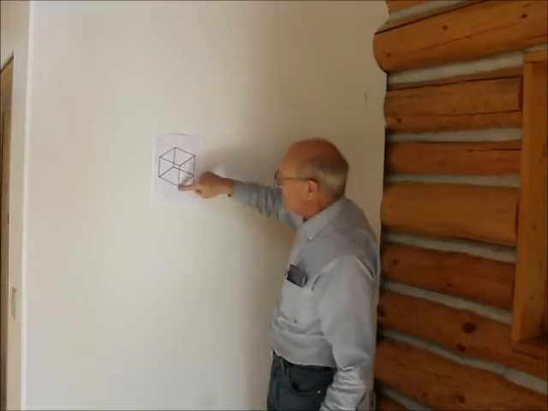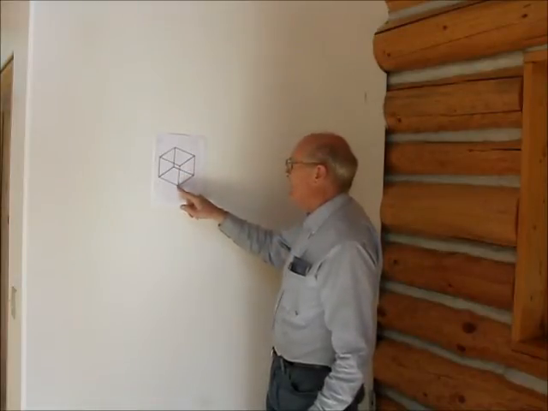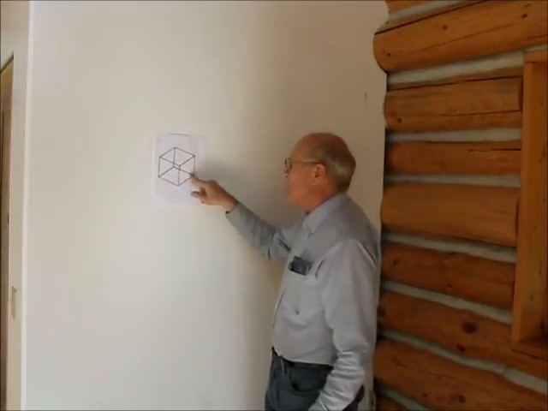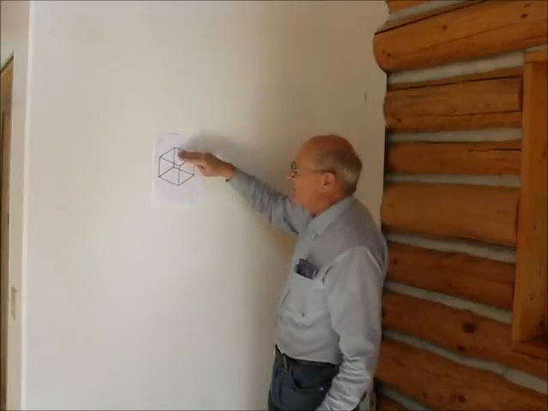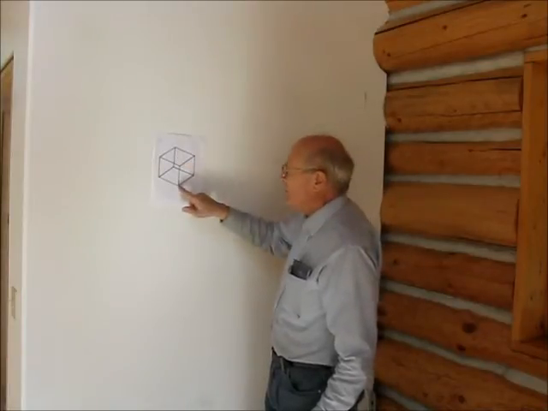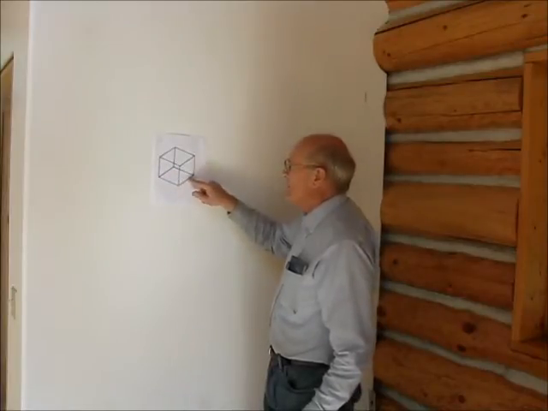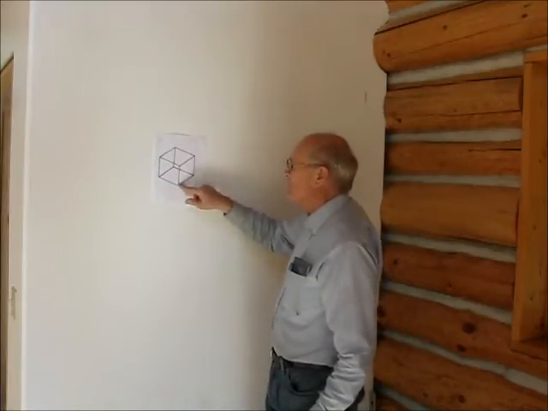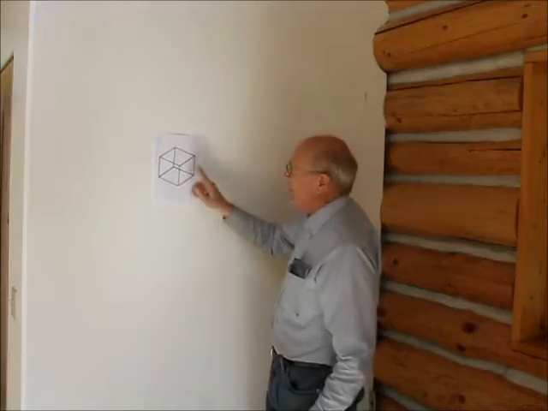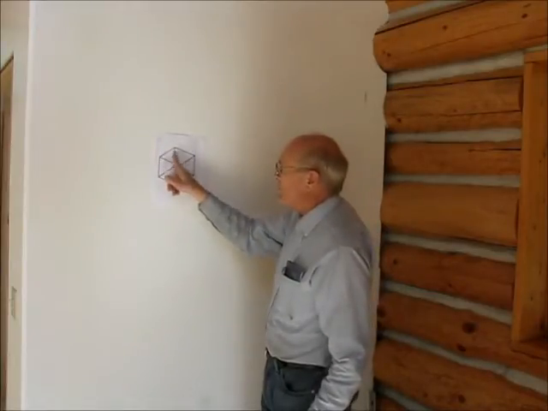If we eliminate this line, the vertical one, then these 2 determine a square, and that's this bottom one, and it has a matching parallel one on top. And if we eliminate this left-hand line, we have this square determined, and its mating or matching square over on the left.